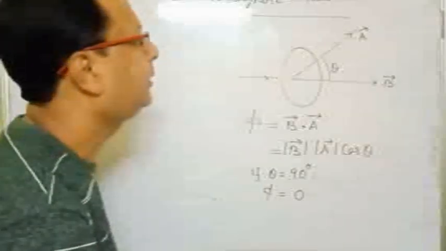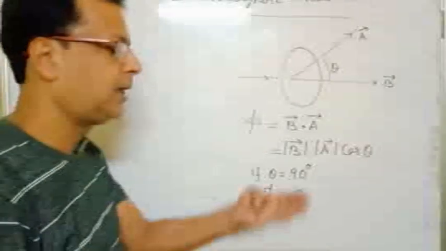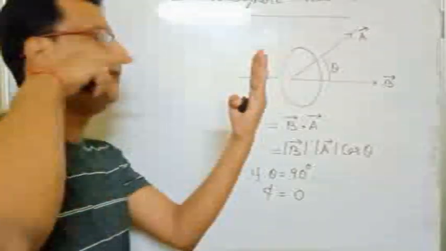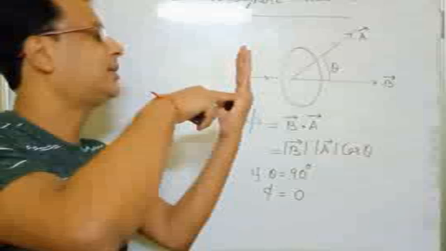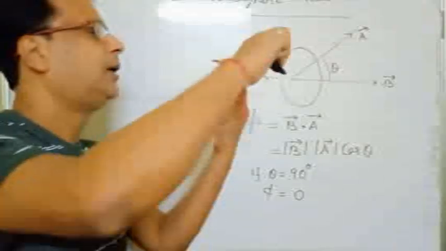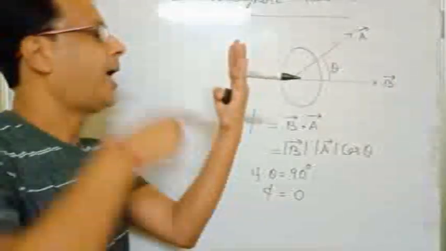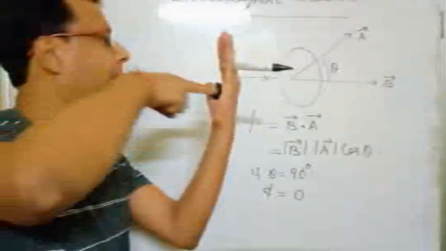In other words, suppose this is an area and these are the magnetic lines of force that are entering this area. So suppose this is the area vector held by this pen, and these are the lines of force.